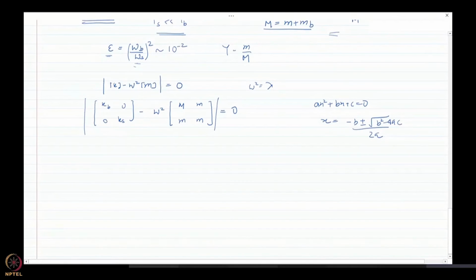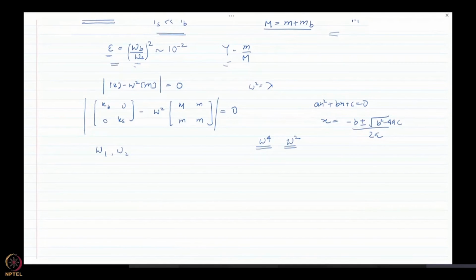The equation that you will get will be in terms of omega to the 4 and omega square, so it would be a quadratic equation in terms of omega square. Please get that, and by assuming this approximation for epsilon and gamma, try to get omega 1 and omega 2.